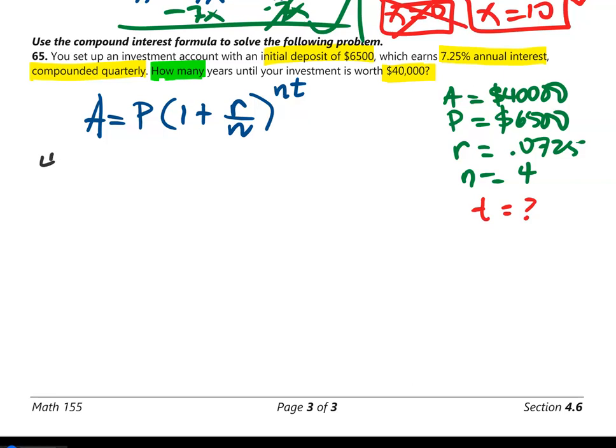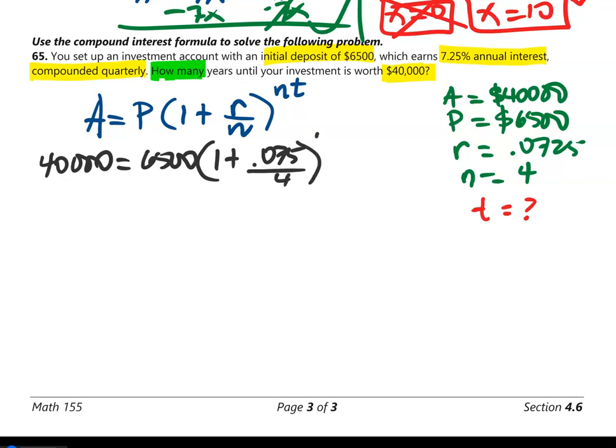Okay, so let's substitute those values here. A is 40,000 is equal to 6,500 times 1 plus 0.075 over 4, raised to 4t. So let's divide both sides by 6,500.